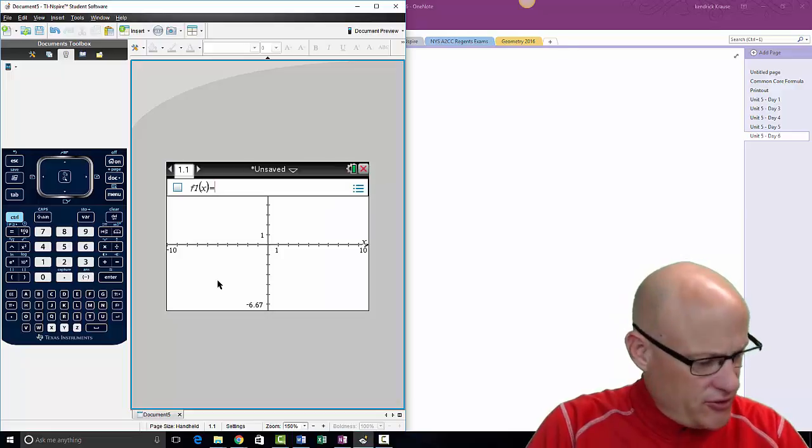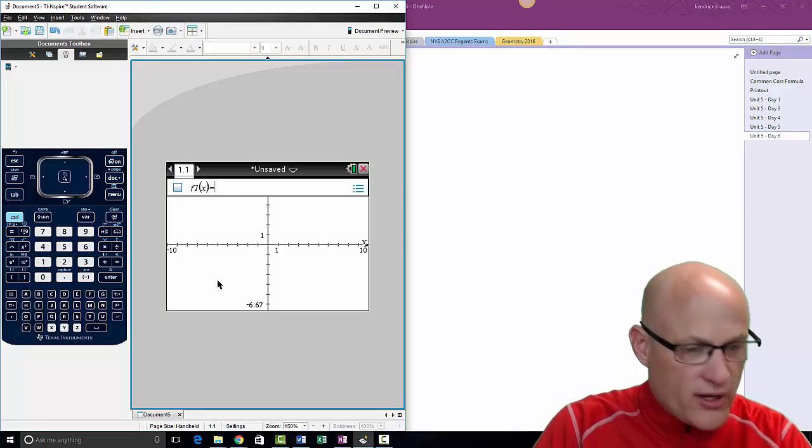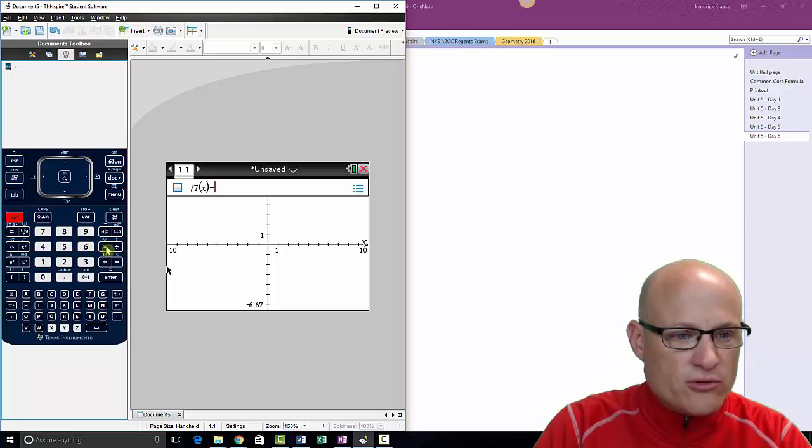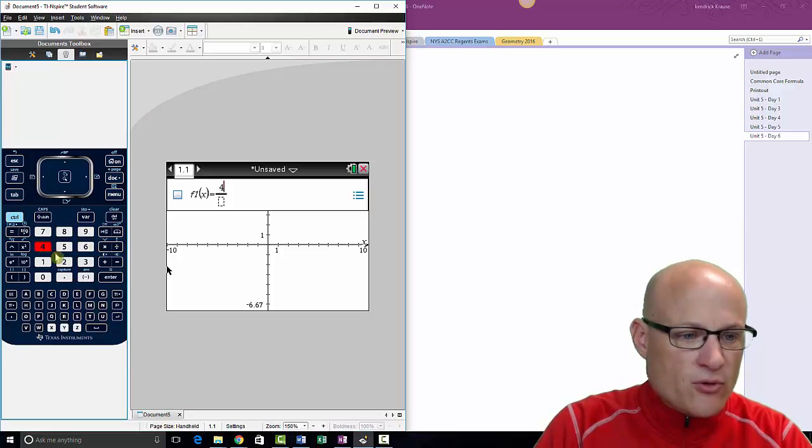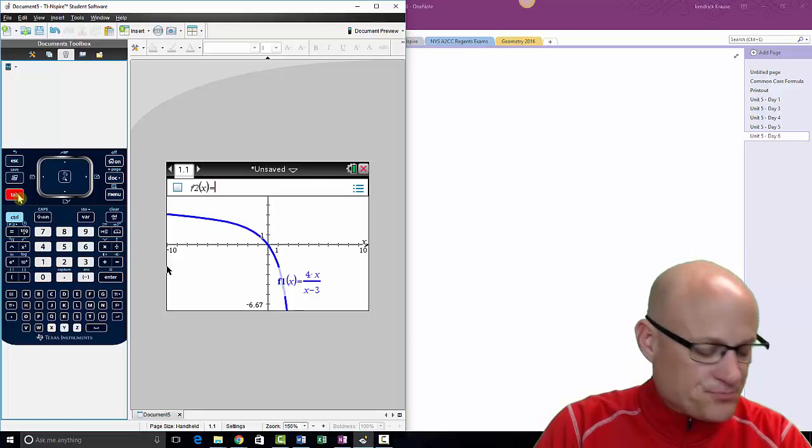All right, so the first one is 4x over x minus 3, so control division, 4x over x minus 3, and then hit enter, and then tab.